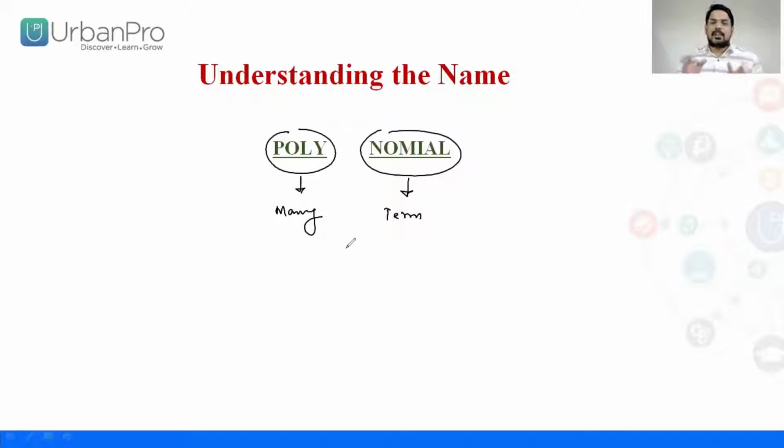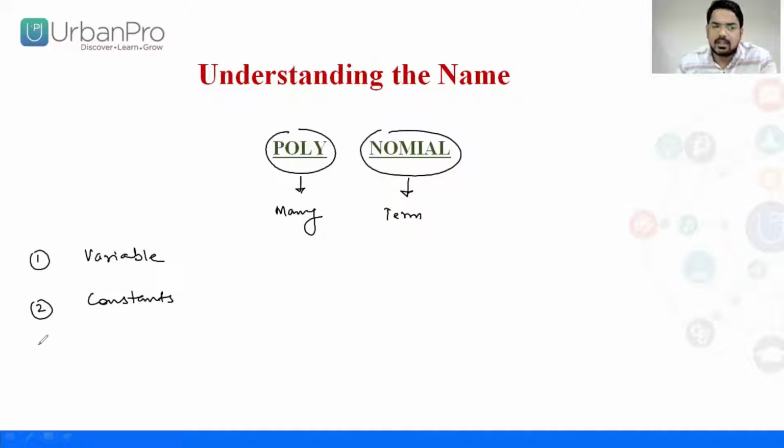So any expression having one or more than one term will be considered a polynomial, as long as it has three things in it. Any polynomial can consist of three things. The first is a variable. The second one is constants. And the third one is powers of the variable.